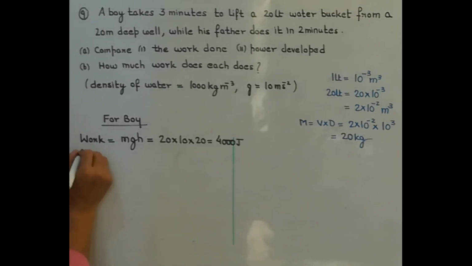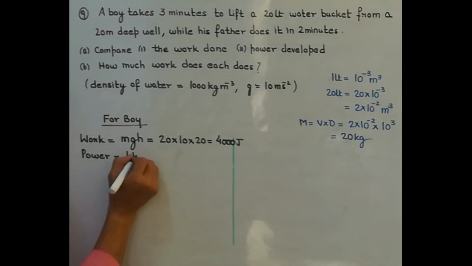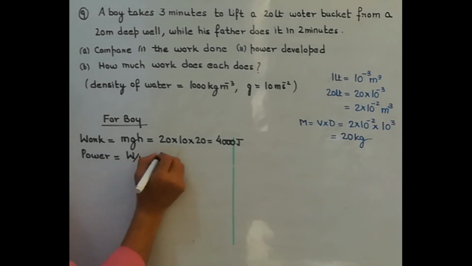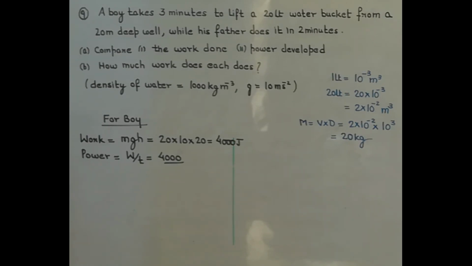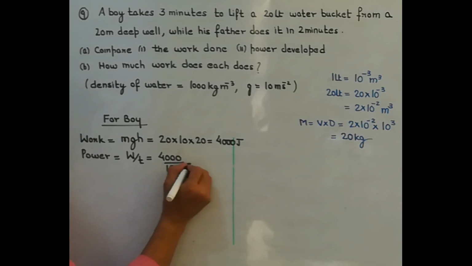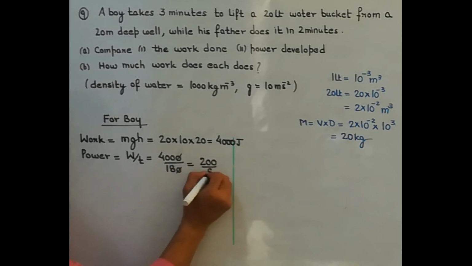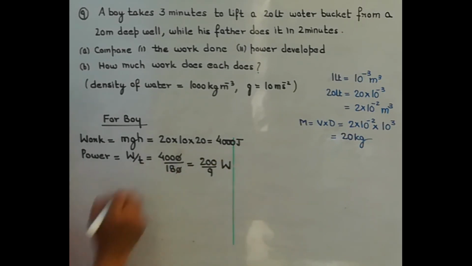Let us calculate his power developed. 4000 is the work done, and how much time is he taking? He is taking 3 minutes, that is 180 seconds. So you can reduce it by 20, so 200 upon 9. This is the power developed by the boy.